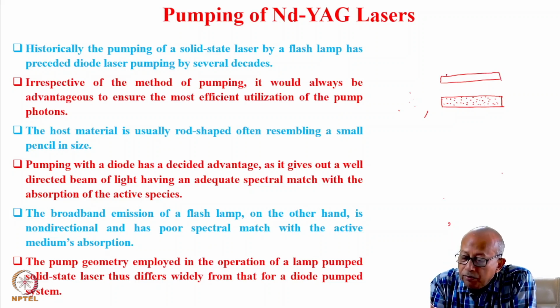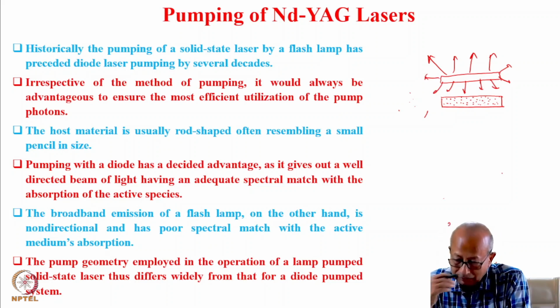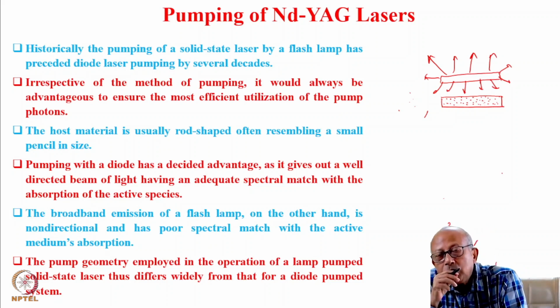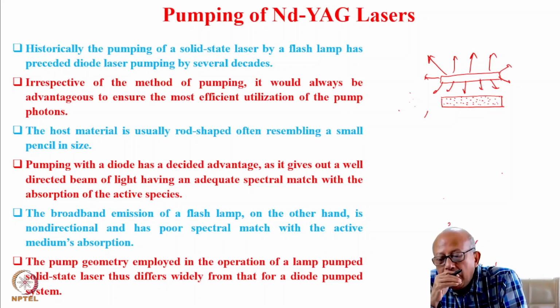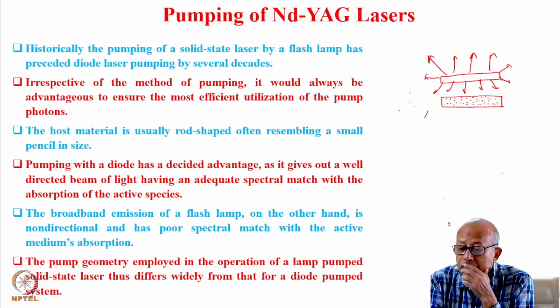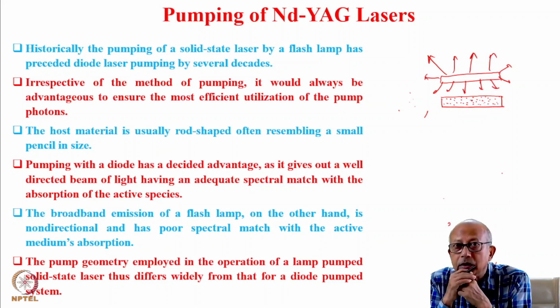Now, a flash lamp, unlike the diode laser, would emit light that will travel all around. So you can very well appreciate that coupling of these photons into this host medium will be very poor, and you may have to take some special measure to direct as many photons as possible into this.